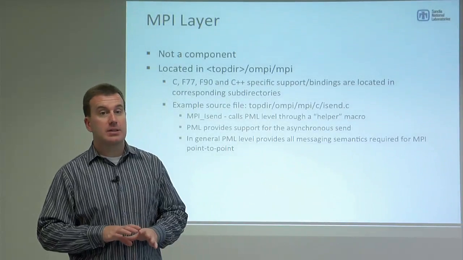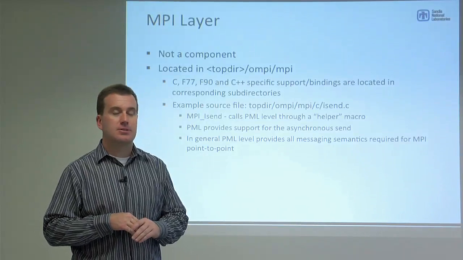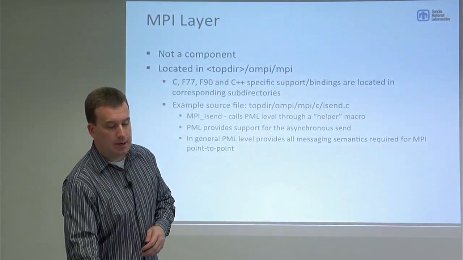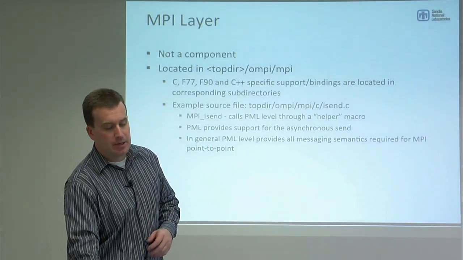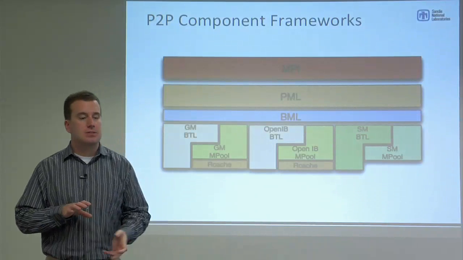So this is a very thin layer. As a matter of fact, there's a pound define to turn off argument checking, and then it becomes a really, really thin layer. But this is what the user sees, and this is all the user cares about, but uninteresting for implementers or device driver people.